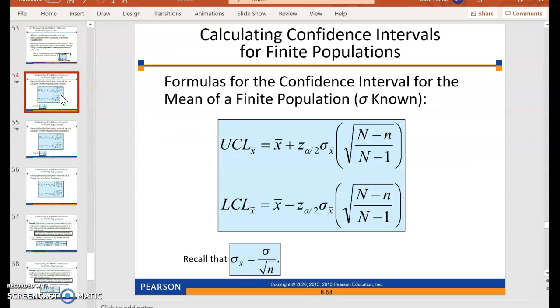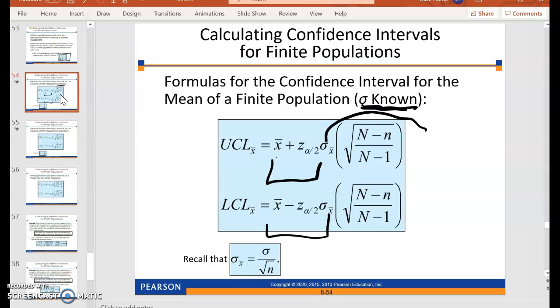So here it is for the confidence interval for when the population standard deviation is known. See this part, the sample mean plus z times the standard error of the mean. All that we've done.